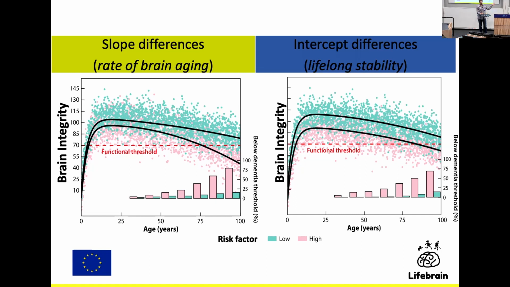You could see as well in this embedded bar graph how it would explain similar rates of later outcomes, such as future rates of dementia. With cross-sectional data, it's very difficult to disambiguate how to interpret brain age, either as slope differences or intercept differences, or both.